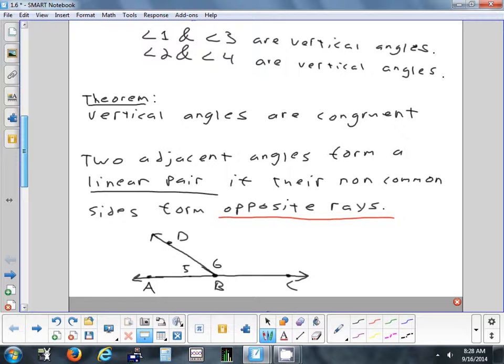Does anybody notice anything about angle 5 and 6? Because their non-common side forms opposite rays, what do you think that these angles would add up to if you add 5 and 6 together? Yeah? 180. That's a fact that results from being a linear pair.